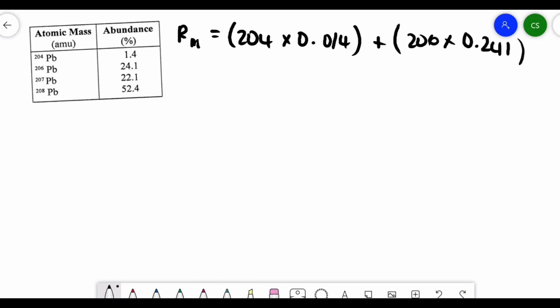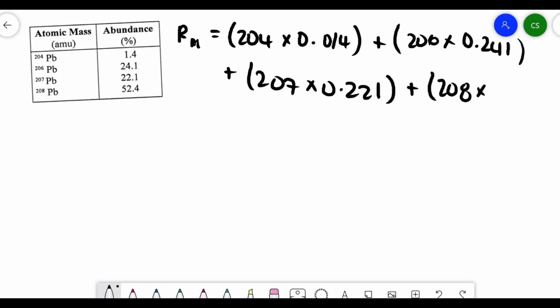You want to add that to 207 times 22.1%, which is 0.221, and add that to 208 multiplied by 52.4%, which is the same as 0.524.